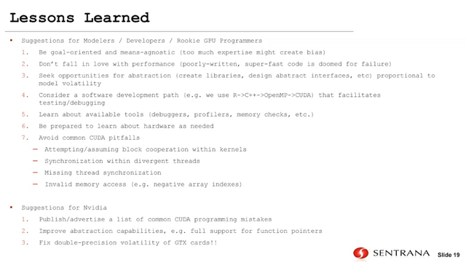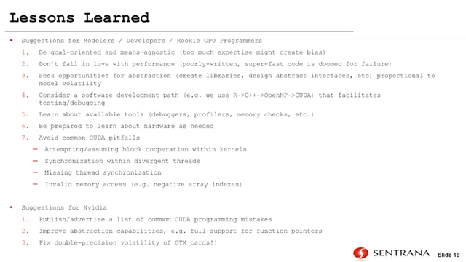And there are some common pitfalls that I suggest NVIDIA put on their website, in a section targeted at new programmers, to warn them about the mistakes they're most definitely going to make, and hopefully prevent some of them. For example: attempting block cooperation within kernels, assuming that blocks can talk to each other, which I made the mistake of; synchronizing within divergent threads; missing thread synchronization; and invalid memory access. This would be helped by memcheck. The tools they're providing are very helpful in avoiding these mistakes, but nevertheless, I think having a heads up could definitely help.